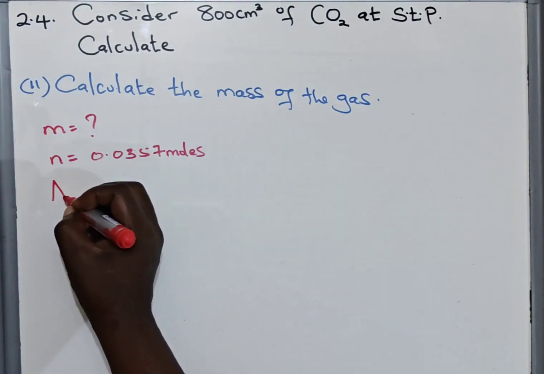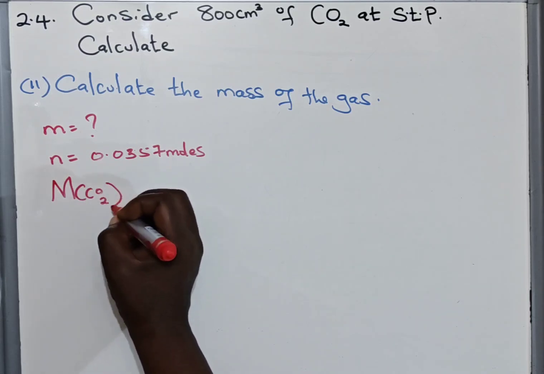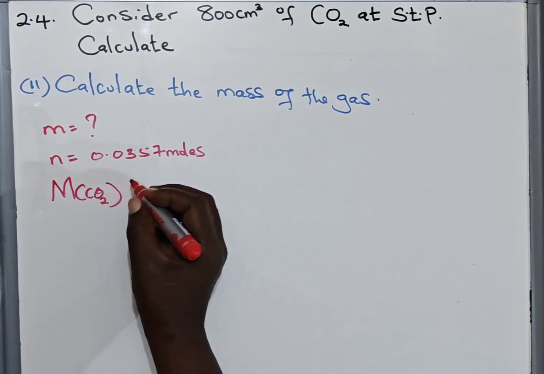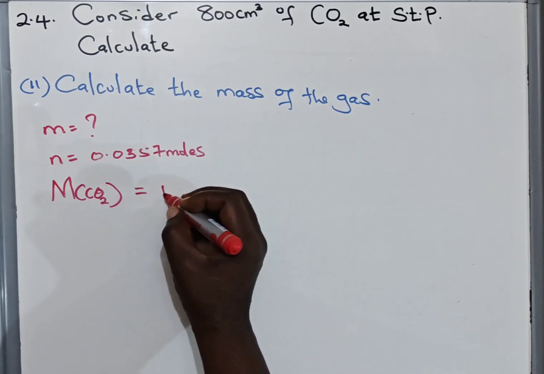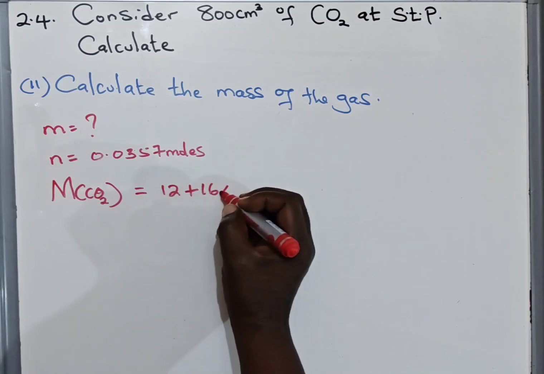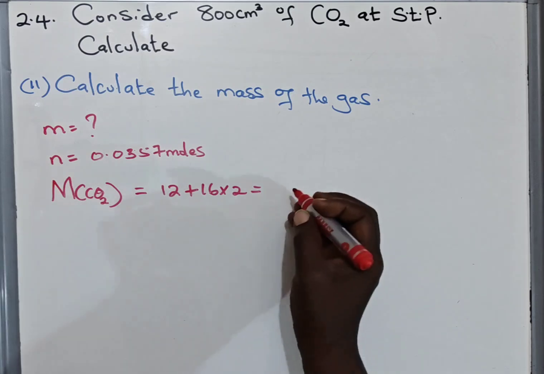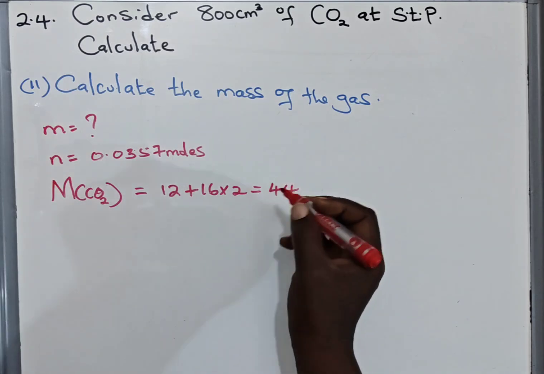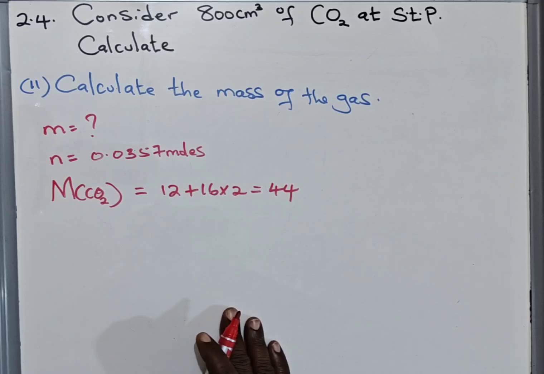We know that the compound we are dealing with is carbon dioxide. Carbon dioxide consists of one carbon, which is 12, plus oxygen, which is 16 times 2, giving us 44. This information is enough to get us the mass.